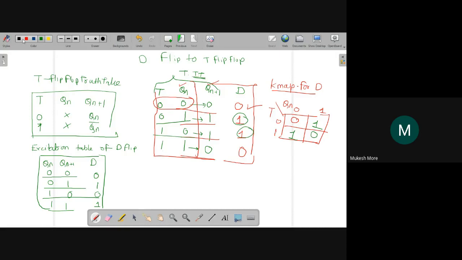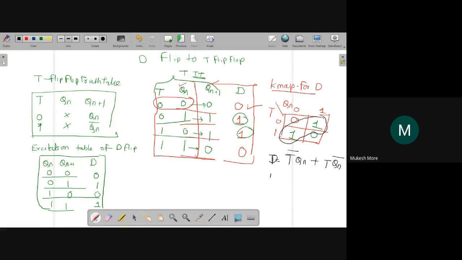Now we have diagonal cells are having 1. Then you can write equation D is equal to T bar Qn plus T Qn bar.